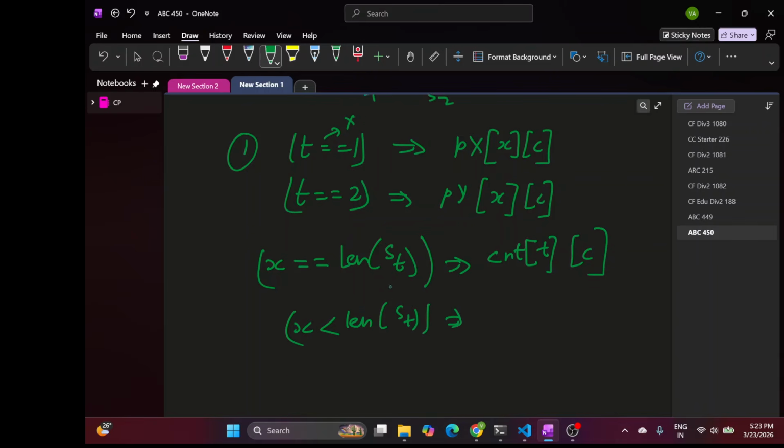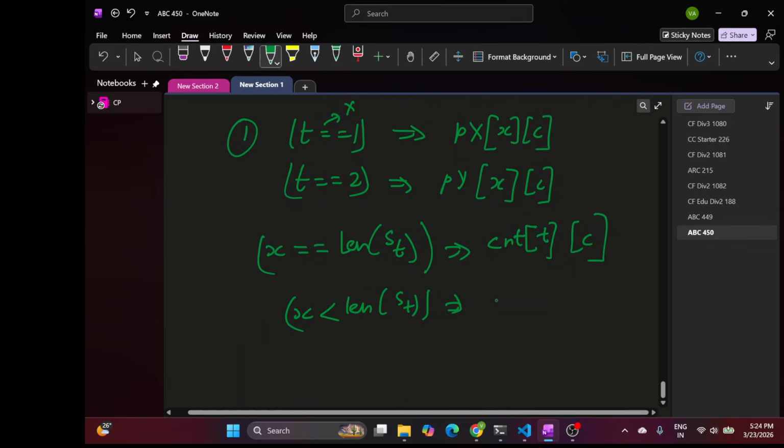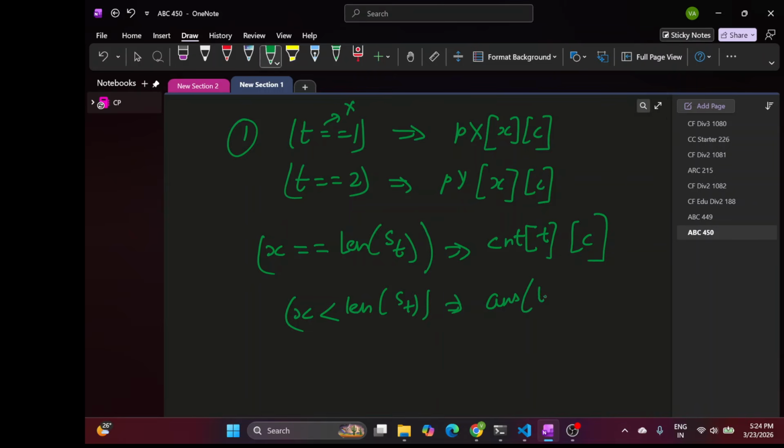So we can decrease the string again. So our answer is nothing but the answer for t minus 1, right? And our x will remain the same, and for character c.